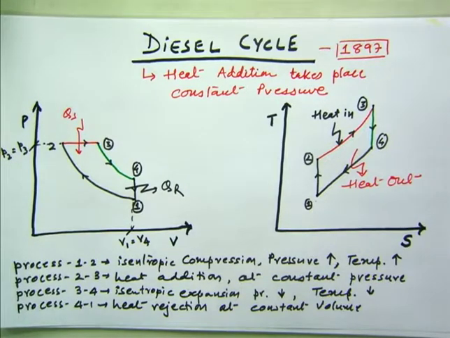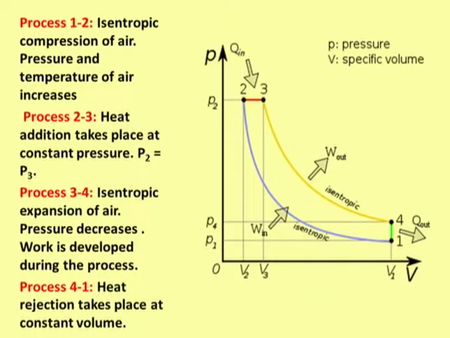See, you can see process 1-2, isentropic compression of air, pressure and temperature of air increases. That is shown with the blue line.